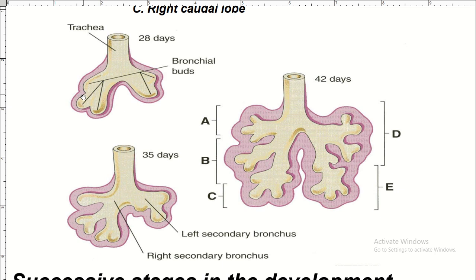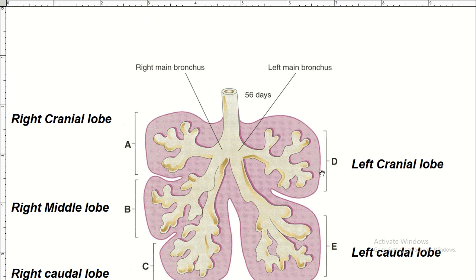The right primary bronchus is going to give three secondary bronchi, or three lobar bronchi, and two to the left. These are the ones that form the superior lobe, the middle lobe, and the inferior lobe of the right lung. And then you're going to have the superior lobe and the inferior lobe of the left lung.